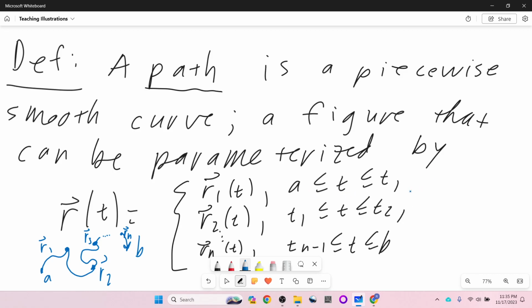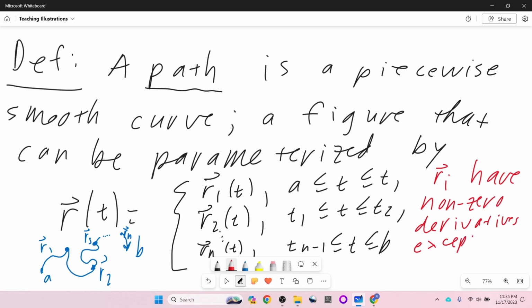Now the smooth part means that each of the Ri have non-zero derivatives, except at endpoints. So along each of these individual paths, the derivative is not zero.